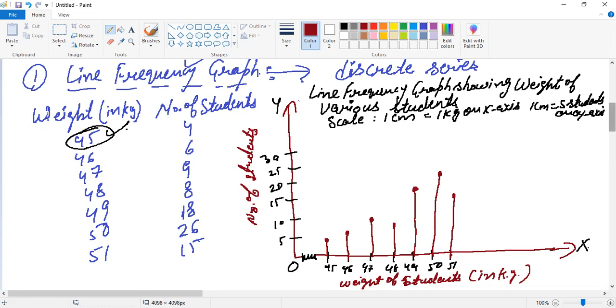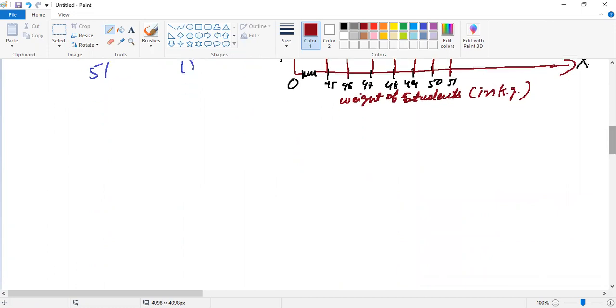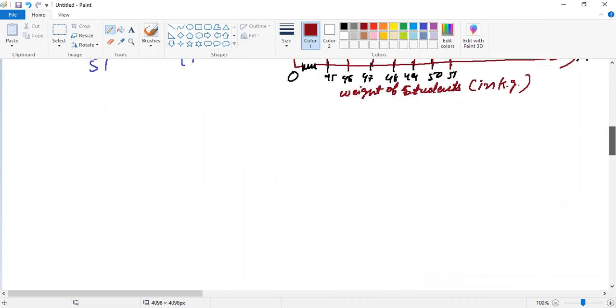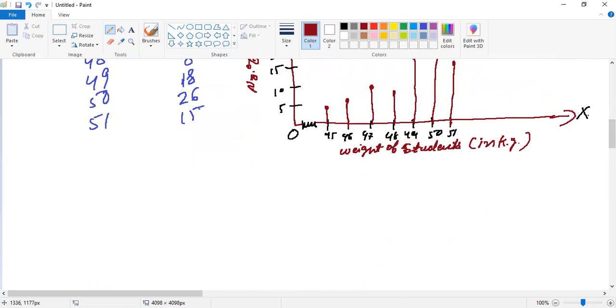Now the next is histogram. Now we will discuss our next frequency graph, that is histogram. Second is histogram.